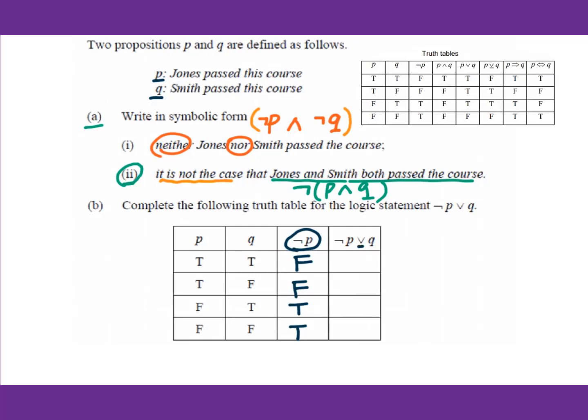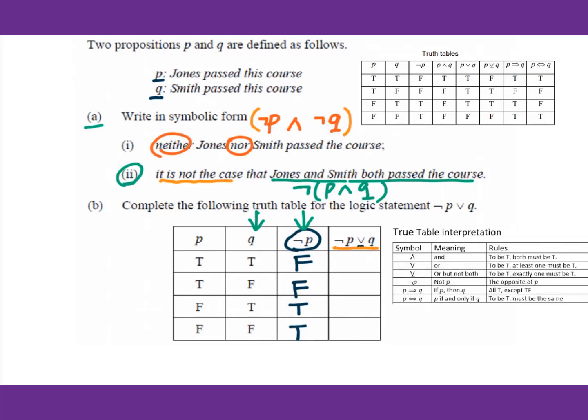Then we do not P or Q. We have to use these two columns to figure out not P or Q. For an OR to be true, at least one must be true. You can check from here. So whenever you see true, this must be true, true. Here's true. Then this will be false.